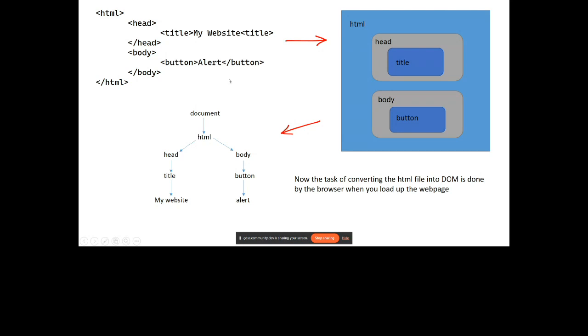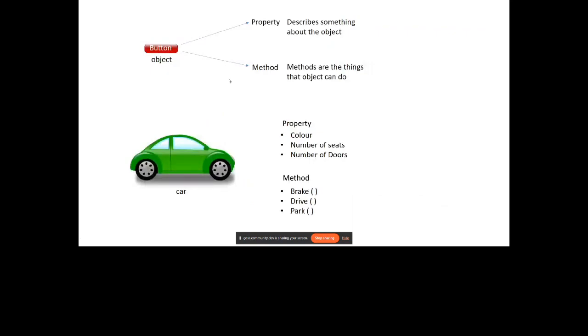This conversion from an HTML file into a DOM is done by the browser or the web application you are using. Take the object of a button, for example. It has two things, a property and a method. A property describes something about the object.